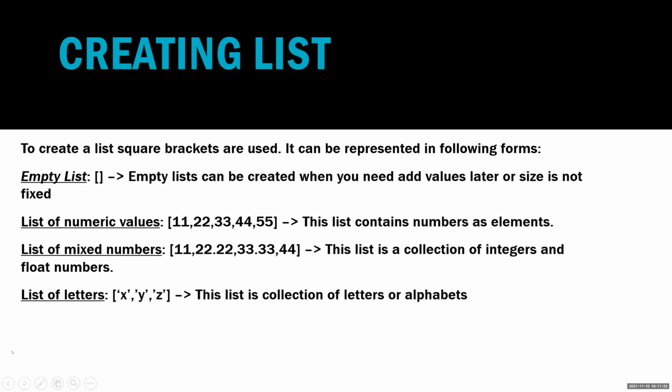And this one, a list of letters. We can call this a string also because it is enclosed in quotes, but as we see here, it is a list of letters.